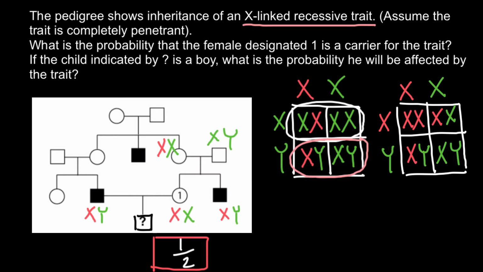So because the question is about the probability for the progeny to be affected with this genetic disorder, we are interested only in boys. And as you see, 50% of the boys would be affected with this genetic disorder. So once again, we do not take into account the female side, only the male side.